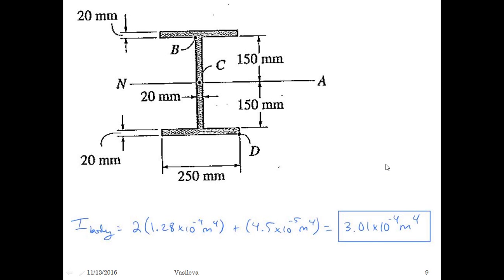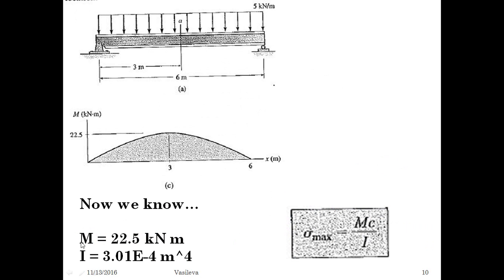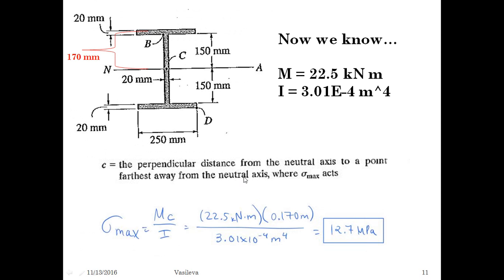Okay, that was the hard part. So now we know M, we know I, and I'm going to show you what c is, so we can find our maximum stress. So for M, I plug in 22.5. For I, I plug in what I solved. c is the perpendicular distance from the neutral axis, so this is our neutral axis, to a point farthest away from the neutral axis.